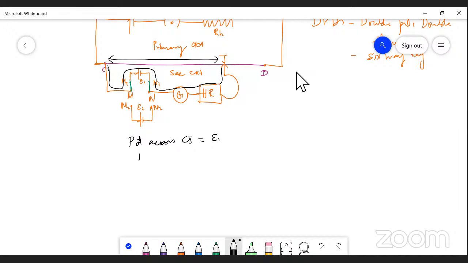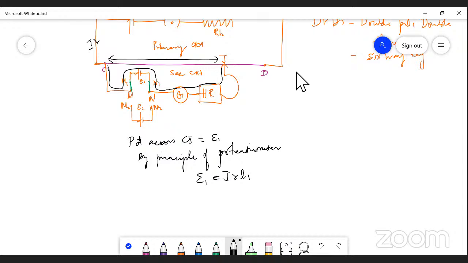So by the principle of potentiometer, I can write E1 is equal to I R L1, where I is the current flowing through the primary circuit.